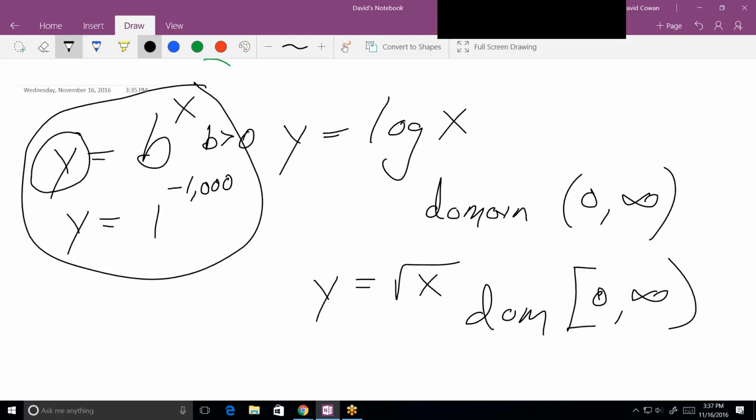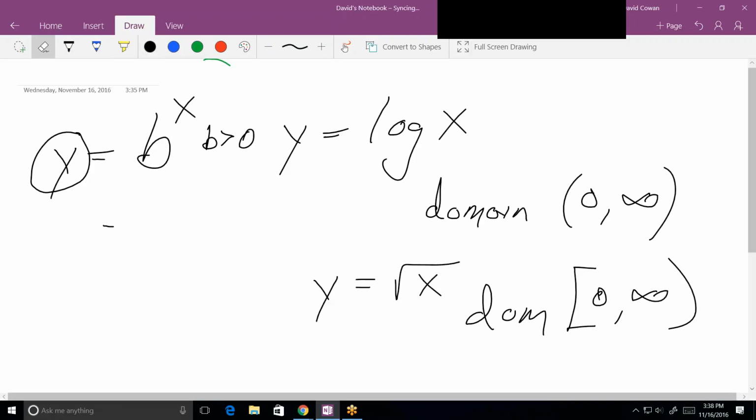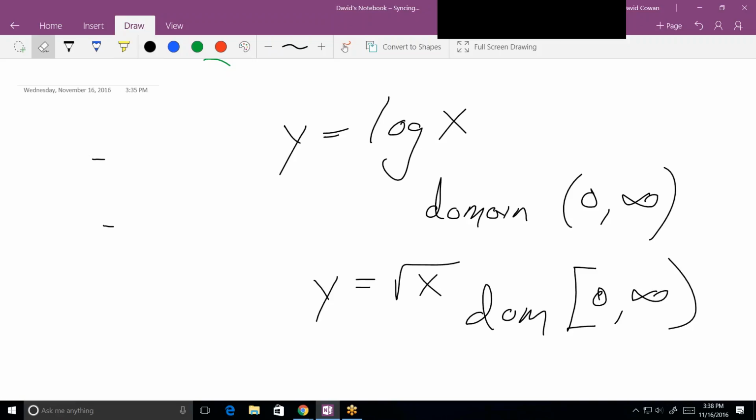But as long as b is greater than 0, then y is always going to be a positive number. And the fact that y is always a positive number means that when you talk about it logarithmically, I have to make x be a positive number.